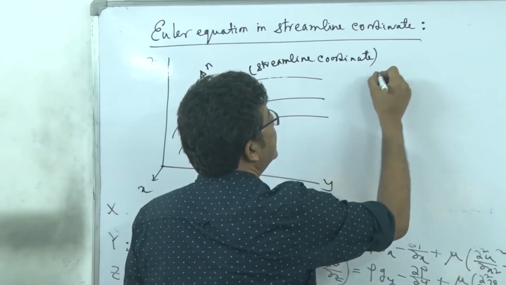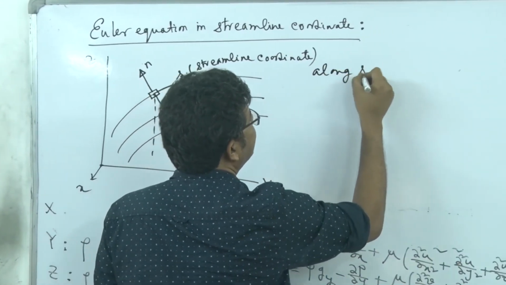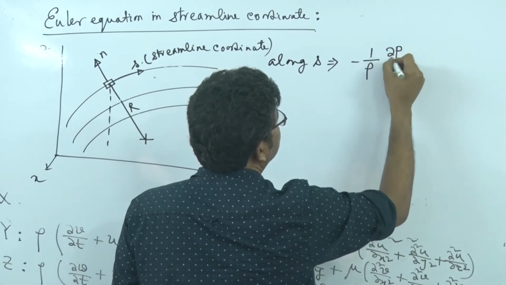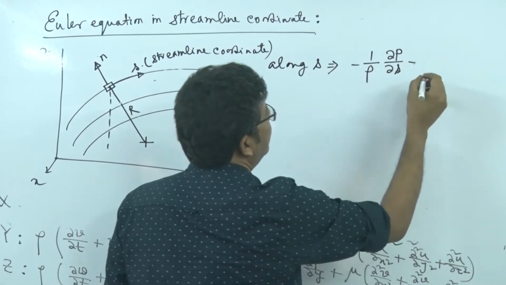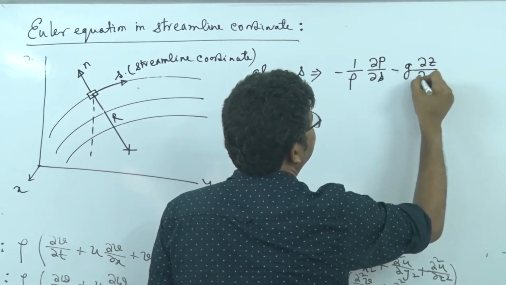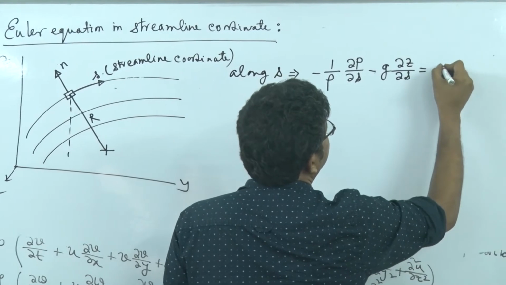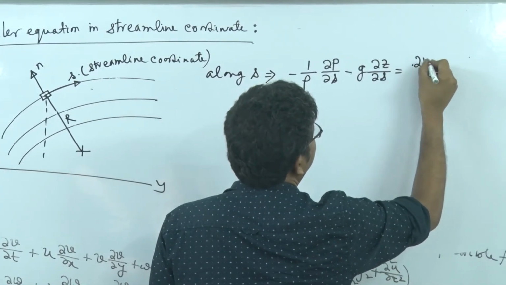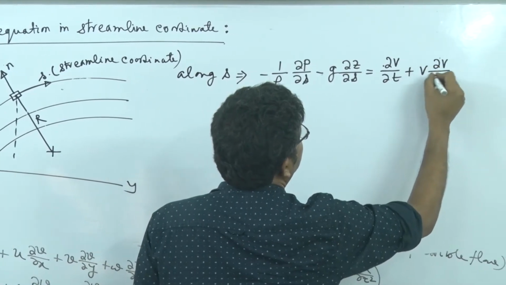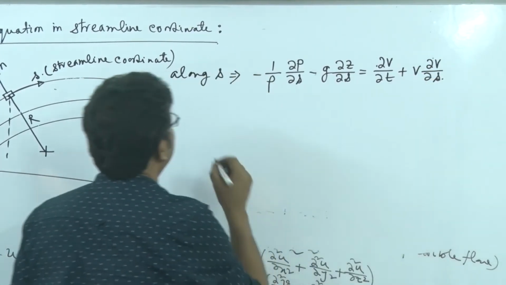So along S, it will assume a form minus 1 by rho del P del S minus g del Z del S is equal to del V del T plus V del V del S. These along S direction.